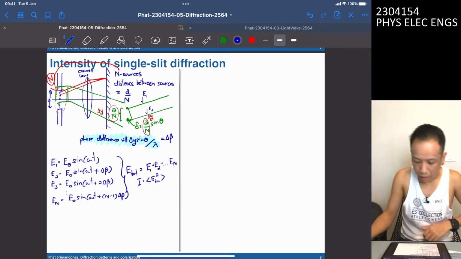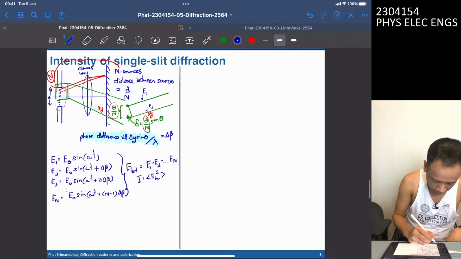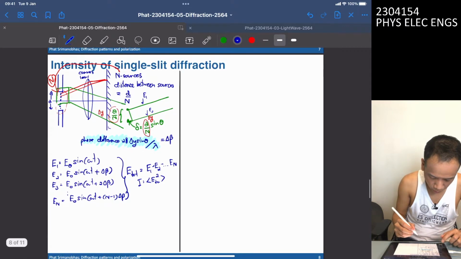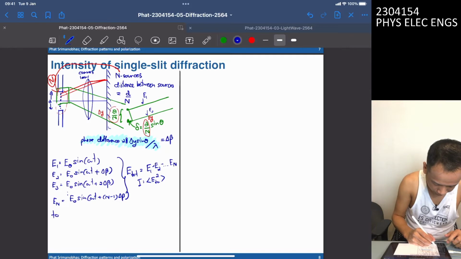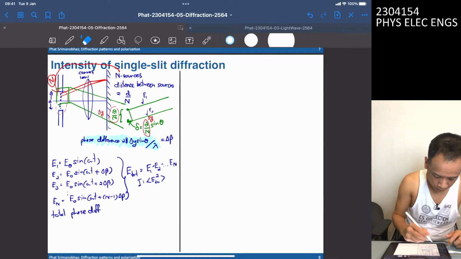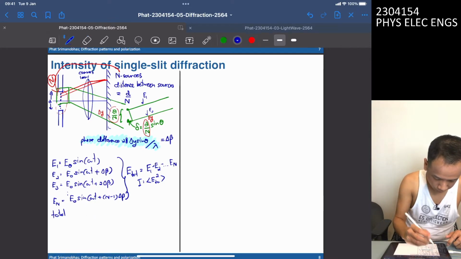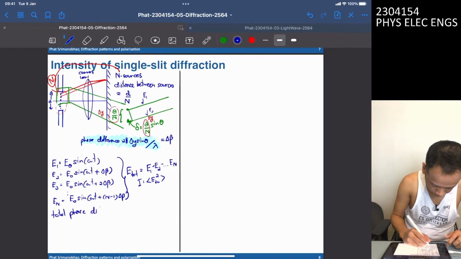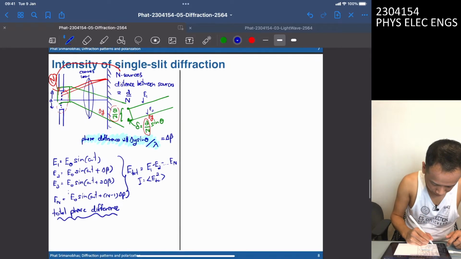But just one note: the total phase difference becomes n delta beta.